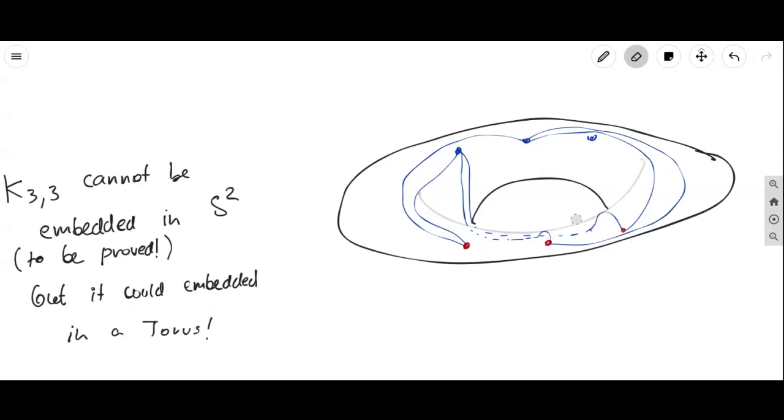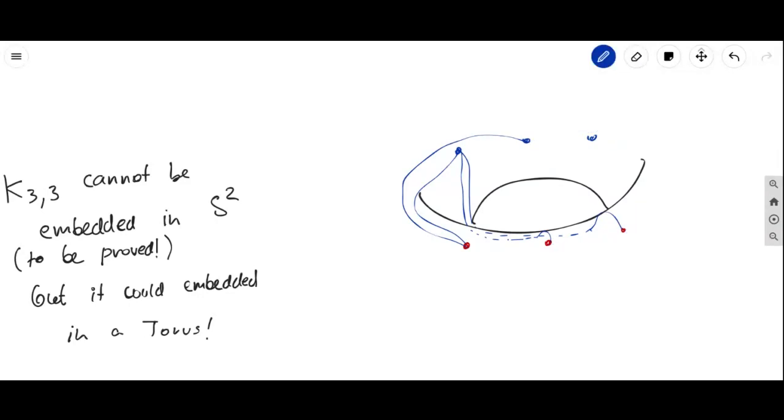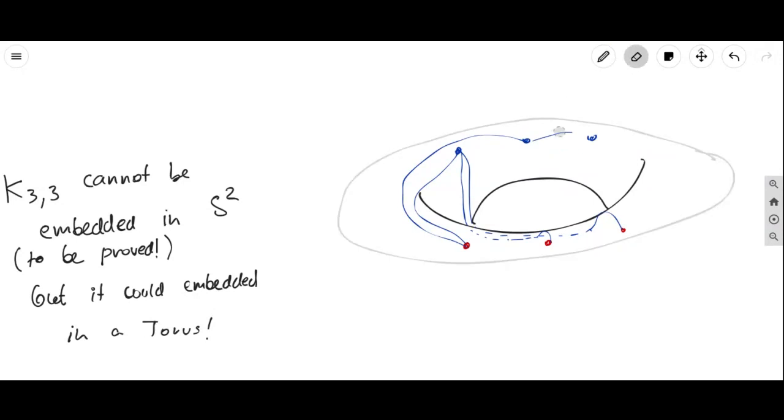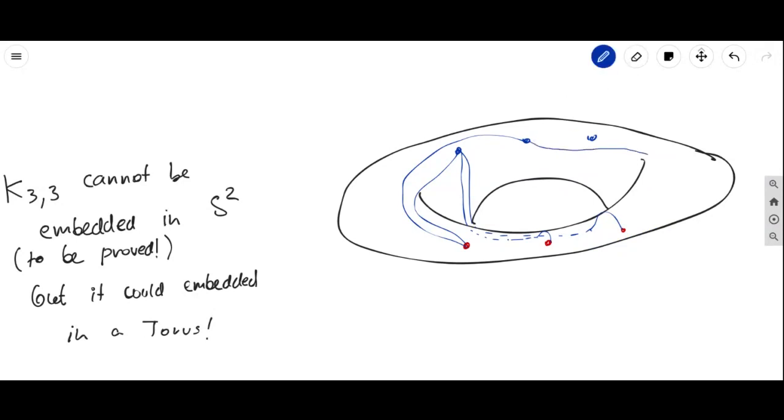Okay, I see how to do it, but it's hard to draw. Well, actually, that was a mistake. Okay, let's try that again. You see, previously I went around it, but I have to go underneath it to that one.